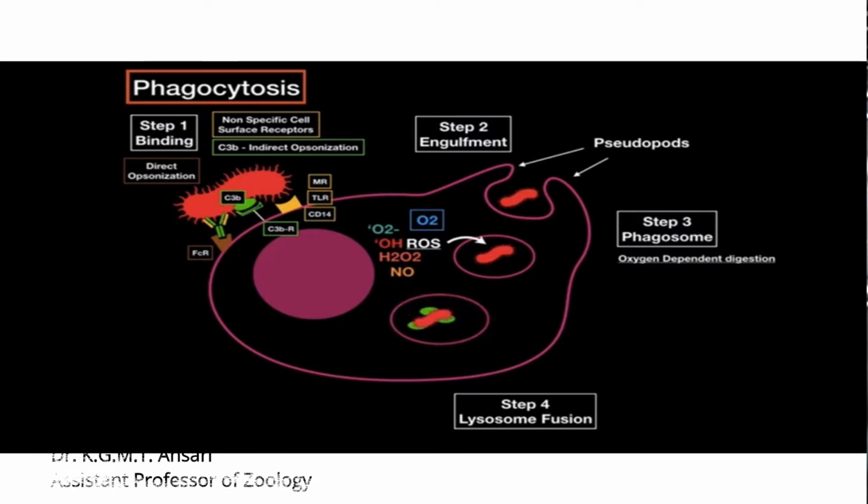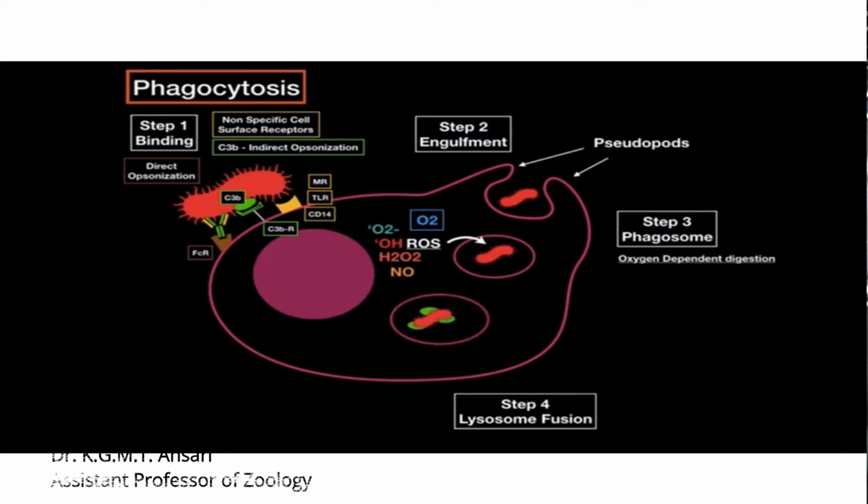In the first step itself, phagocytosis binds with that foreign body using non-specific cell surface receptors, known as TLR, MR and CD14. The cell surface creates these receptors to make the connection with the foreign body.